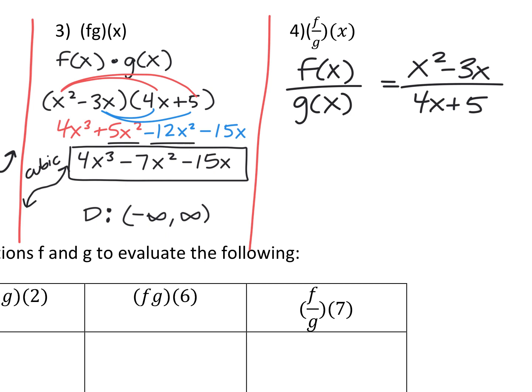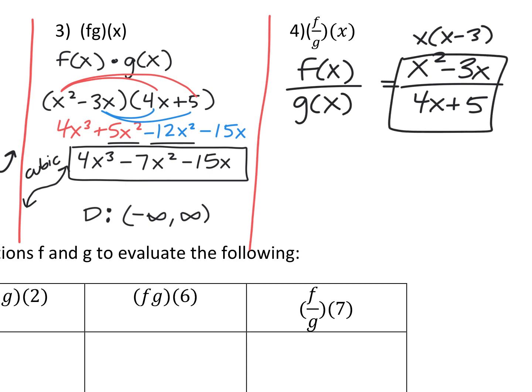This is a rational, so you could try and factor out the top, which has a GCF of x, but then it would just look like this, x minus 3, which doesn't cancel anything out, so it's not super helpful for you.